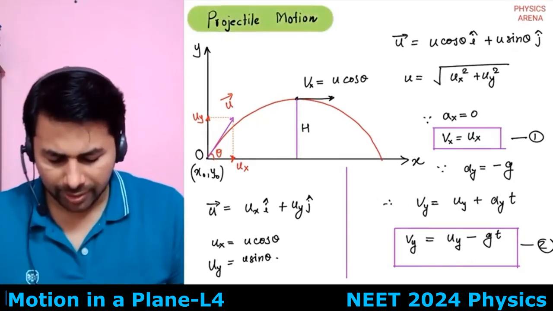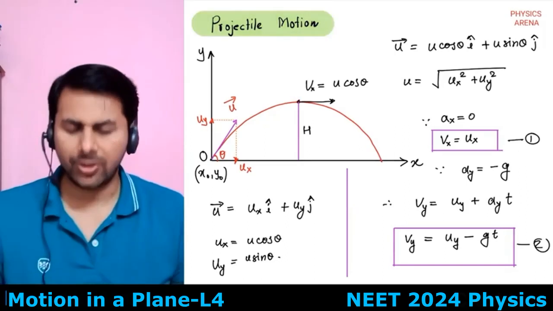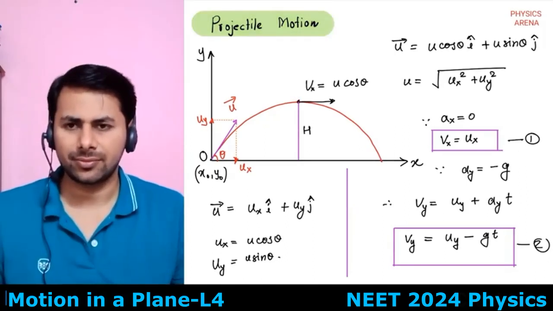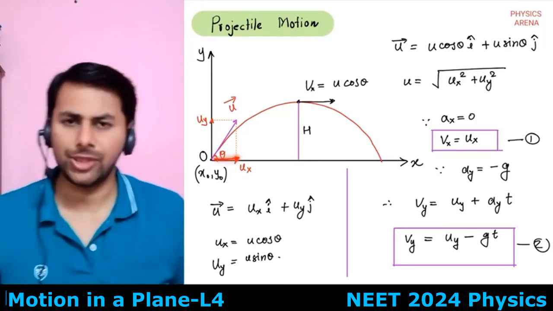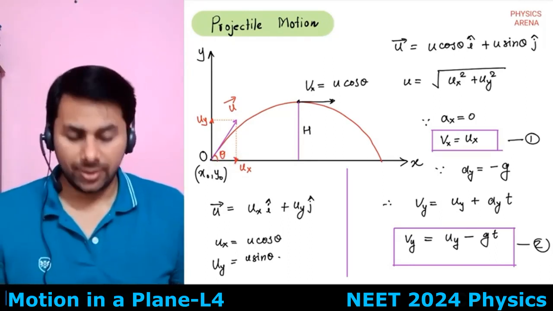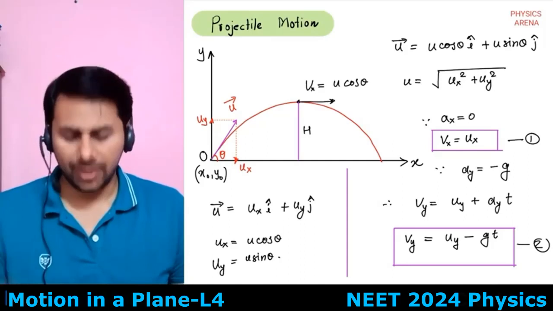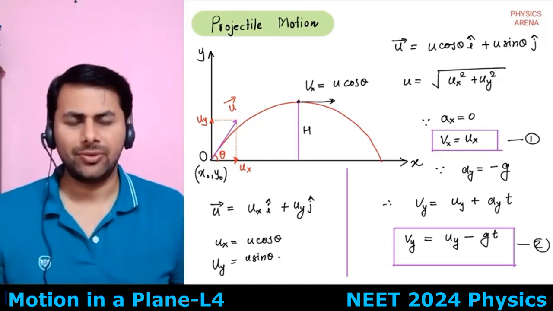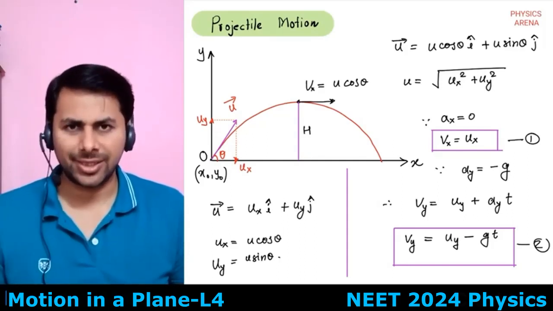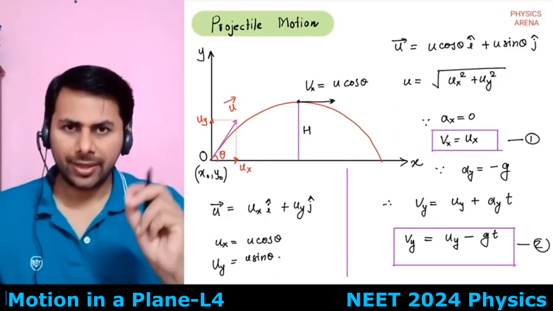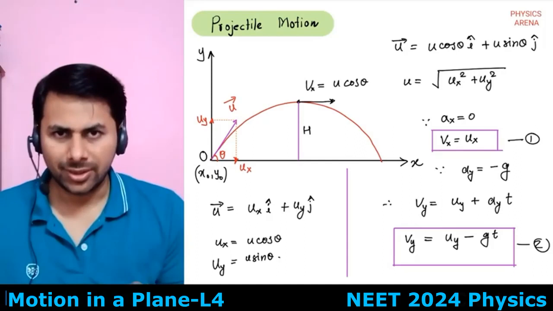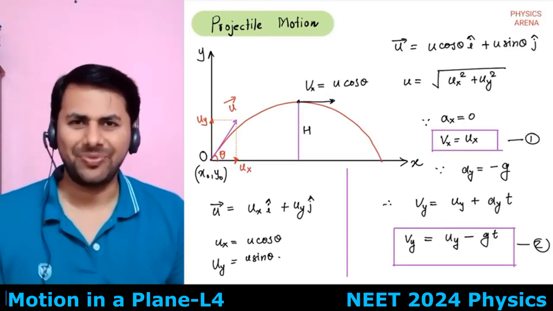And how much will be the magnitude of that horizontal component of velocity? It is the same as that of the starting position. Why so? Because if you want to change the velocity, you will need some force, you will need some acceleration. So when you throw an object in air, there is only one force acting on it, at least we'll consider only one force.